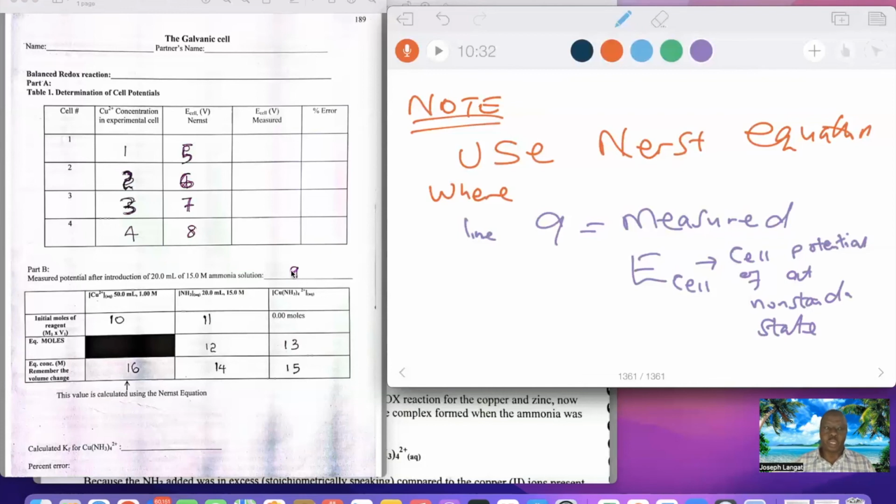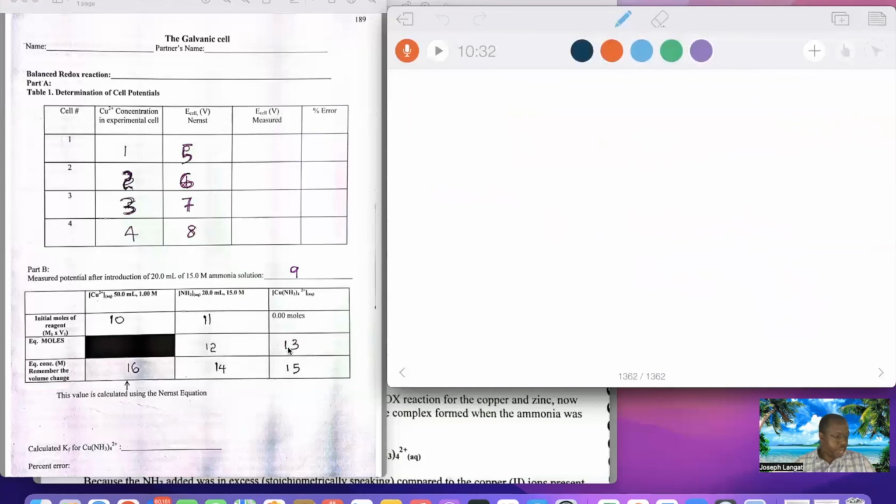I'm gonna use this in order to do what? To use the Nernst equation. And following what?